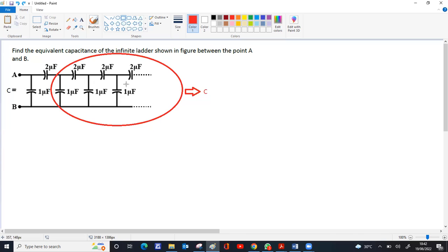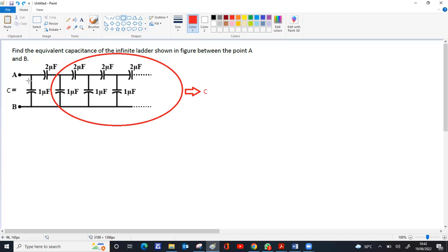Since it's an infinite network, the rest of the capacitors till infinity will have again the same capacitance. So this full red color portion can be replaced by a capacitor whose capacitance is equal to C. The equivalent of all this is the same as the entire network, so we can replace this by C.